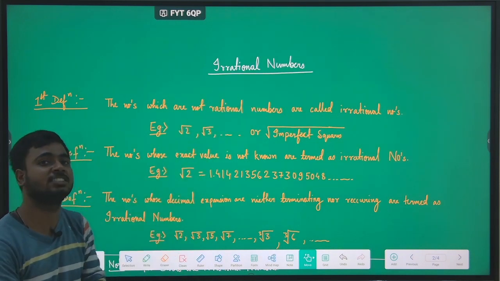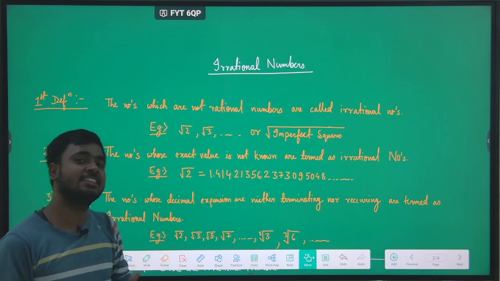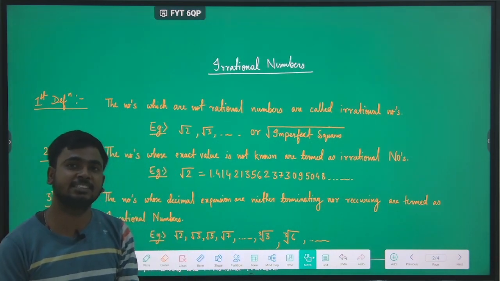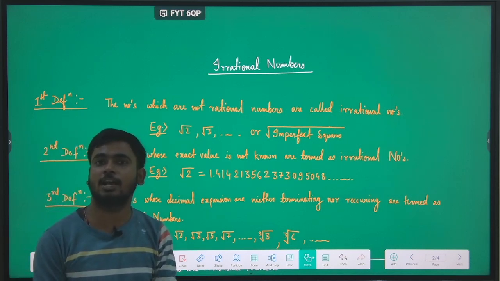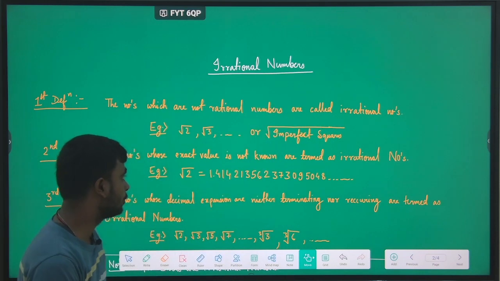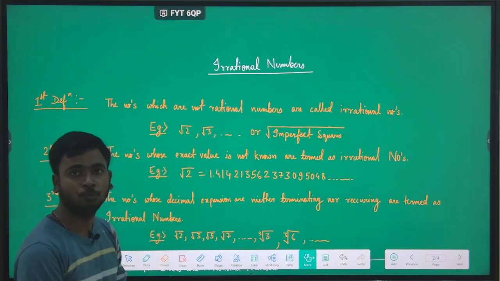Any number which is not a rational number is termed an irrational number. From class 7, class 8, we have studied that a number which is not a rational number is termed an irrational number. For example, let us suppose we are going to find out the value of root 2.